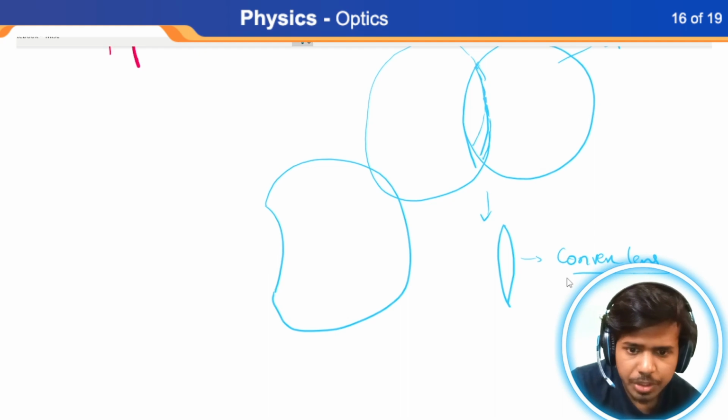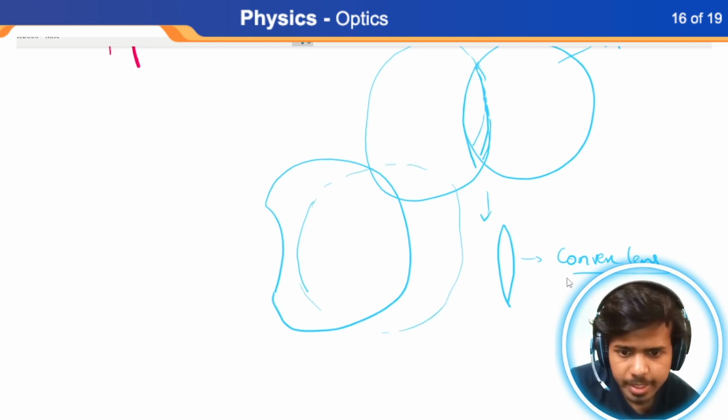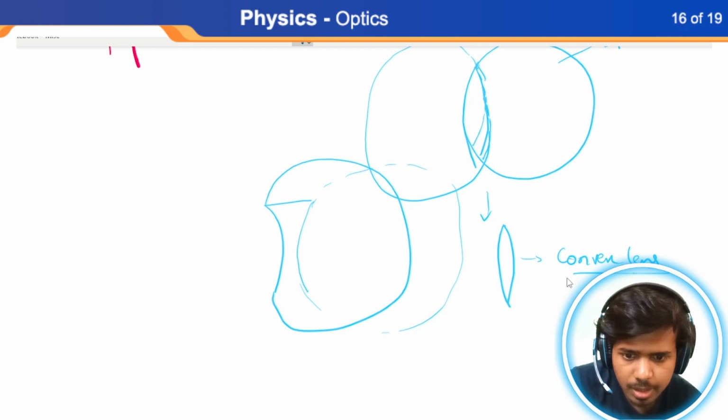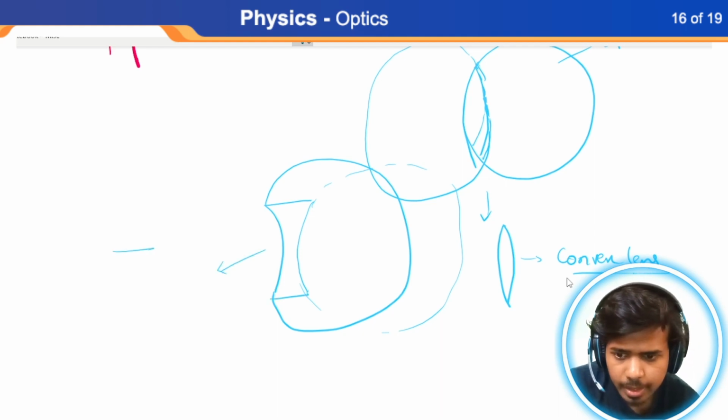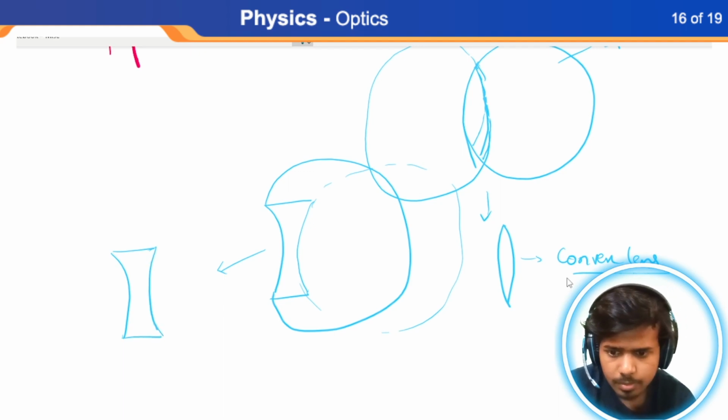All right, what you do is cut a further section in this one of the same radius, and this section that you have here, this particular section you take out, and this is called a concave lens.